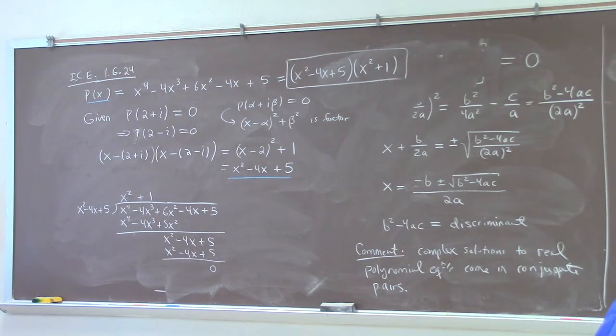And I have some problems in your homework that are about this. There's a problem which involves this pairing. I give you the polynomial where 2 plus i is 0, and then I say to factor it.